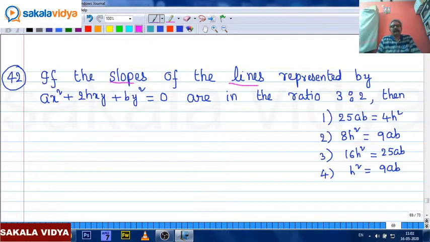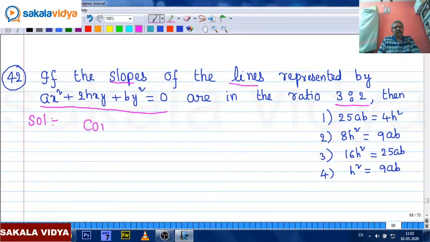That means slopes of the lines represented by ax² + 2hxy + by² = 0 are in the ratio 3:2. Then we need to find the condition. Okay, right. Now the solution.